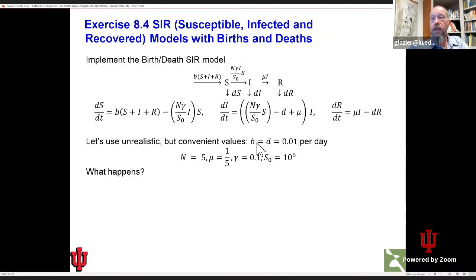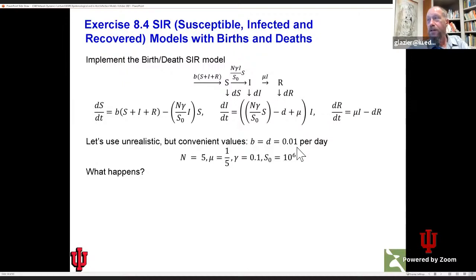So why don't we try that? We're going to use a value of B and D that's much bigger than it really is. That is, let's try B equals D based on the argument we just had. It's assuming about 2 births per woman during her lifetime, but we'll make it faster. We'll make B and D equal to 0.01 per day, which is more like being a cat mother than a human mother.